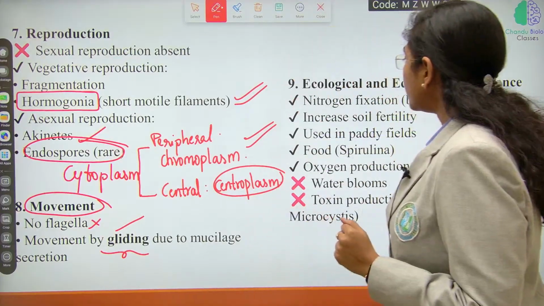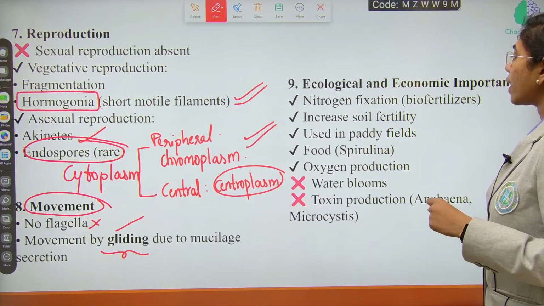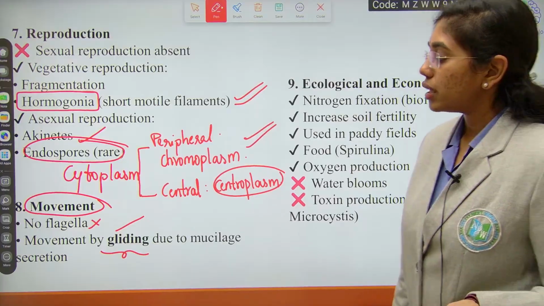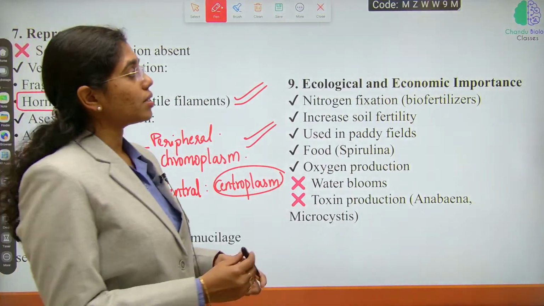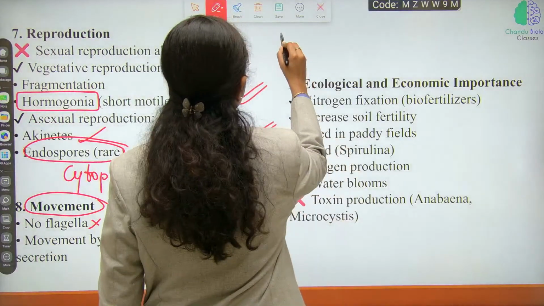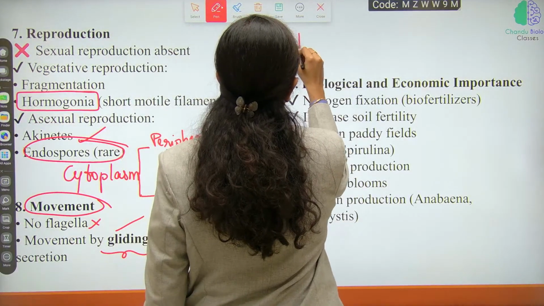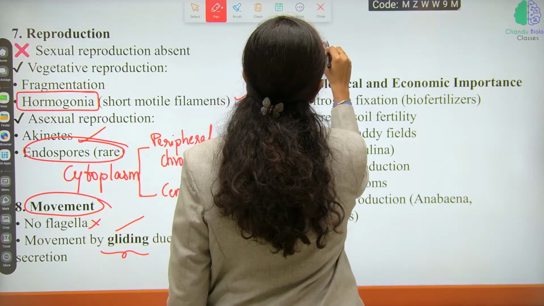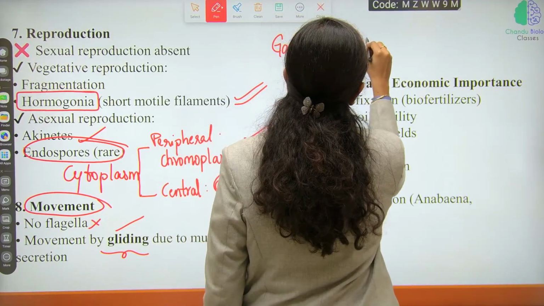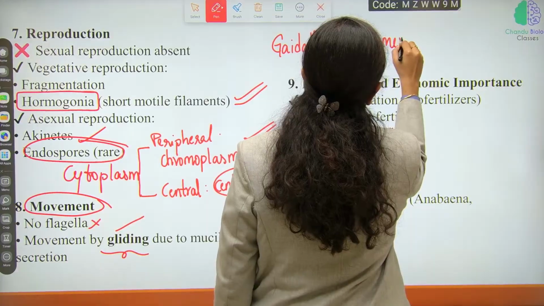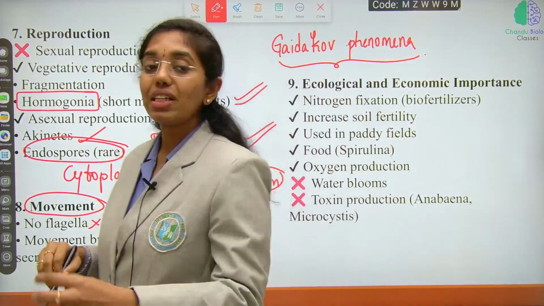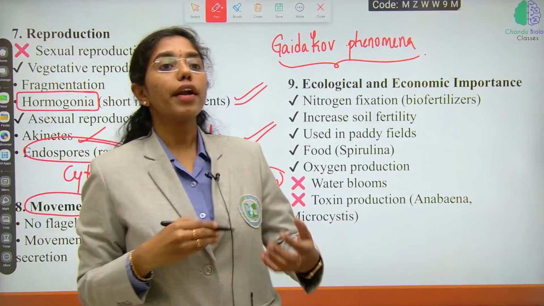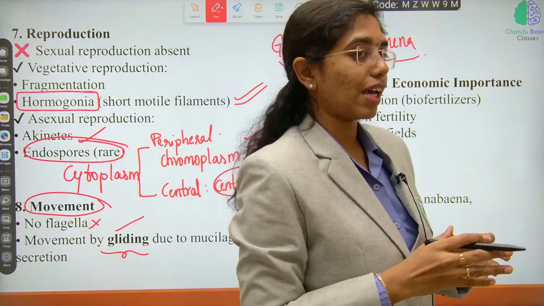Then here we look into the ecological and economic importance. There is one more characteristic feature for blue-green algae which is addressed as the Gaidukov phenomenon, which means blue-green algae will change its color according to the plant with which it is associated.